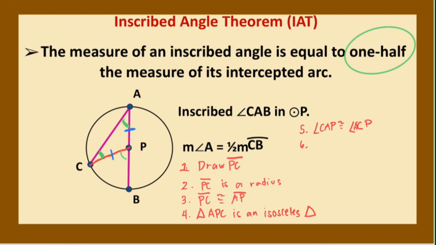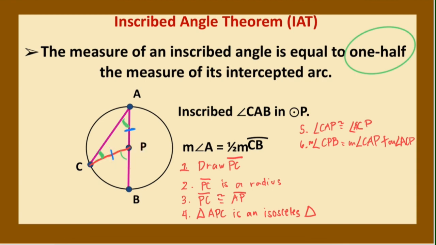So for number 6, you have angle CPB. The measurement of that is equal to the measurement of angle CAP plus the measurement of angle ACP. You're like, sir, why? What is CPB in line with the image? That angle. Is it inside the triangle? No, it's outside.